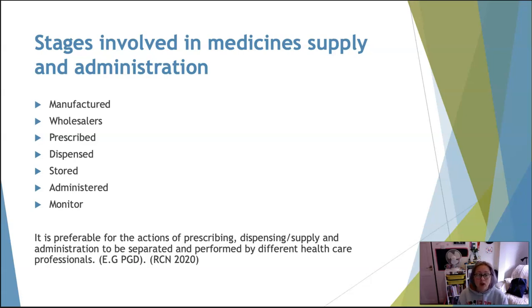Obviously this is quite contemporary at the minute when we think about what's happening with COVID and how all these things have been focused. At the minute, a lot of these COVID vaccinations and COVID medications are still in the manufacture stage. They're still at the stage where we're trying to decide, can we actually create medications that are going to be used to help treat COVID?